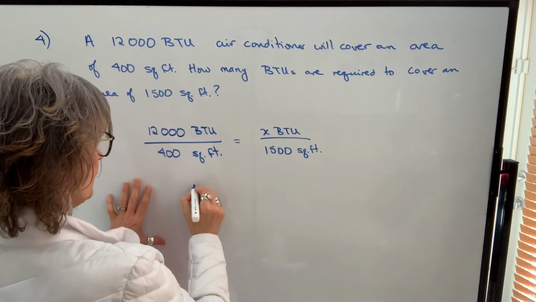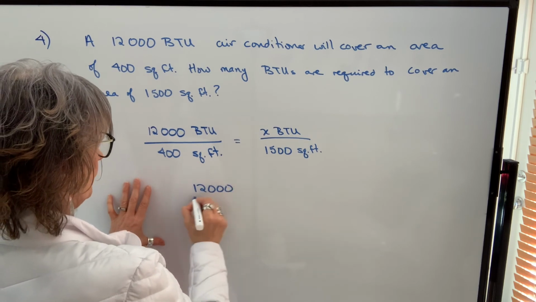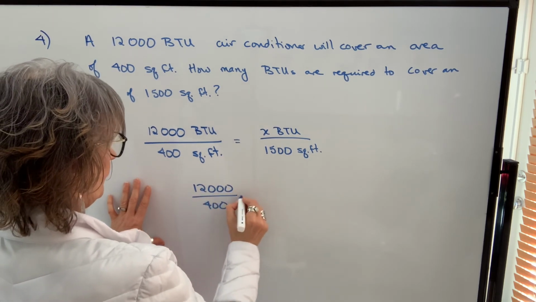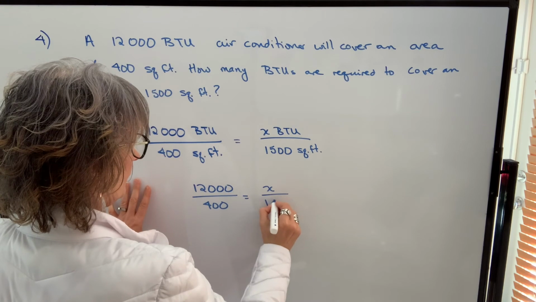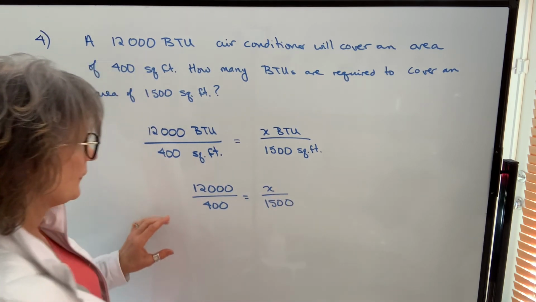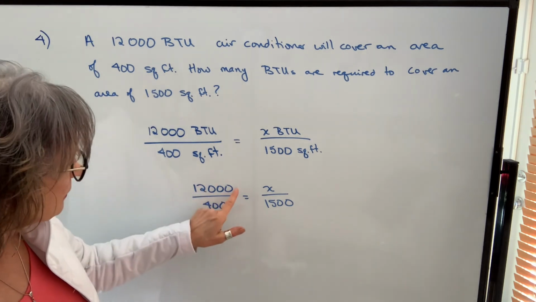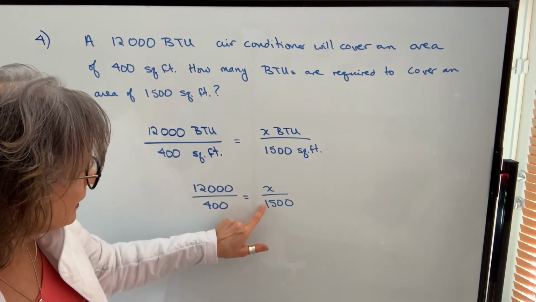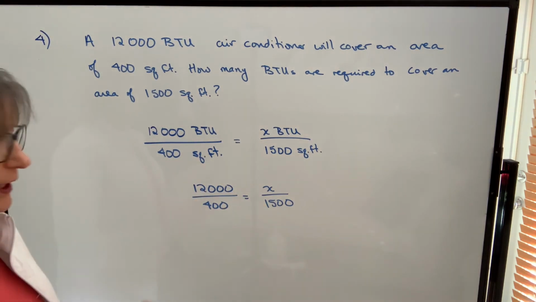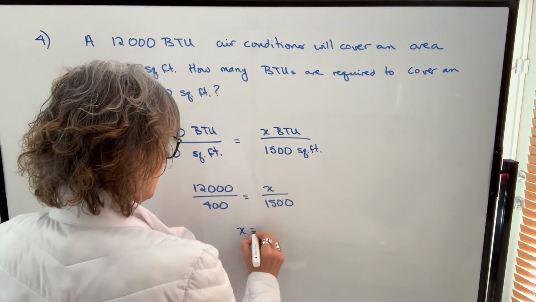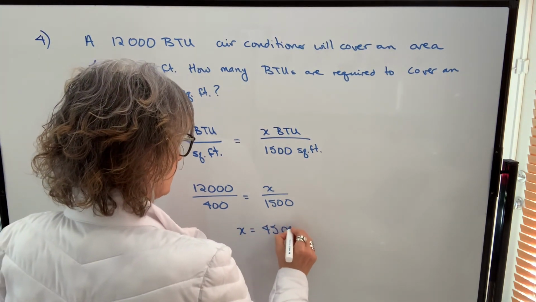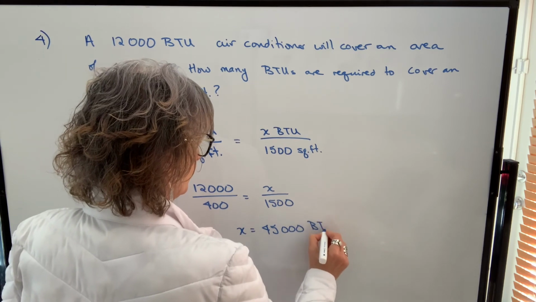If you write it without the units, it looks easier. We could simplify before we start as well, but if we were to cross multiply that and then divide by 400, we would get 45,000 BTUs.